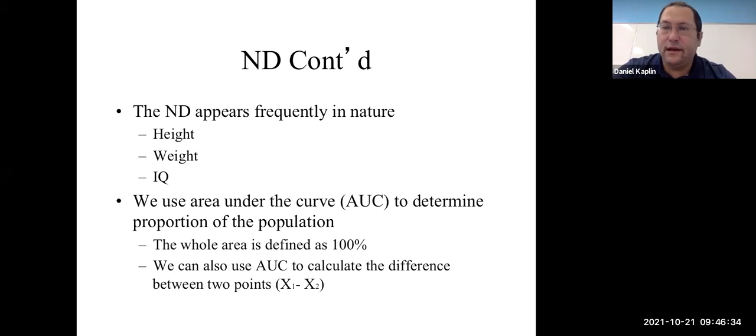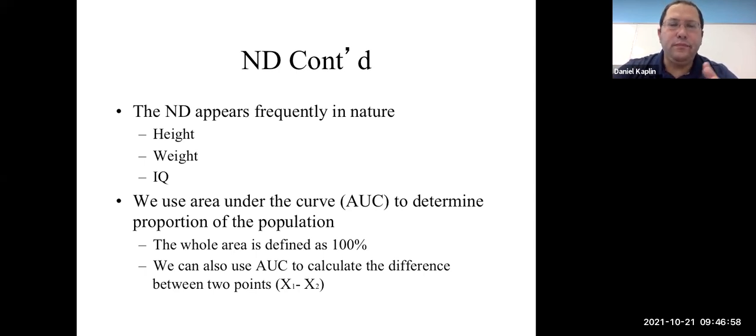So things like height is on a bell curve, right? There's an average height for males, there's an average height for females. And then as you move away from the average, fewer and fewer people tend to have it. So really tall people and really short people are actually rarer than people who are closer to the midline.